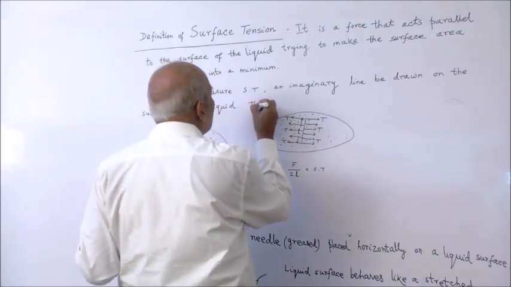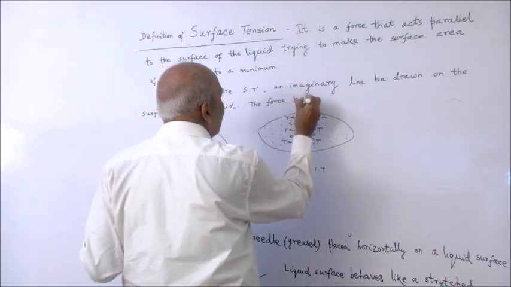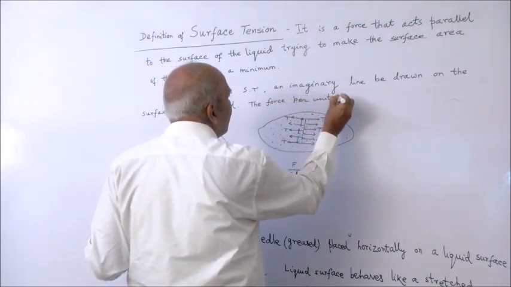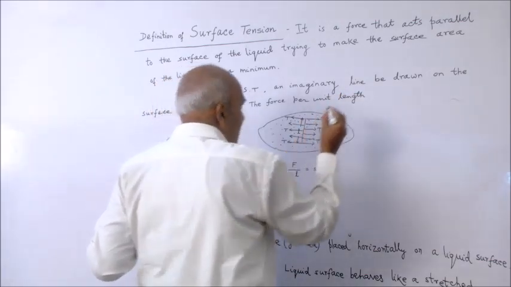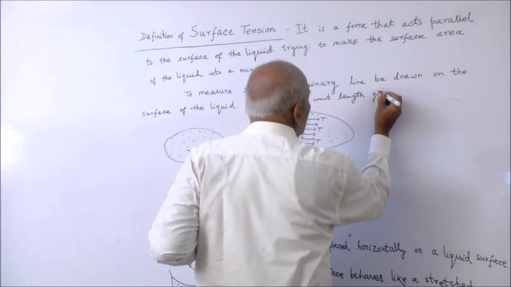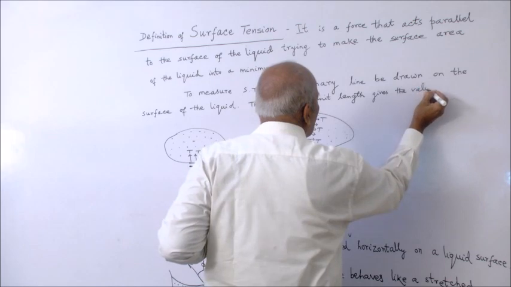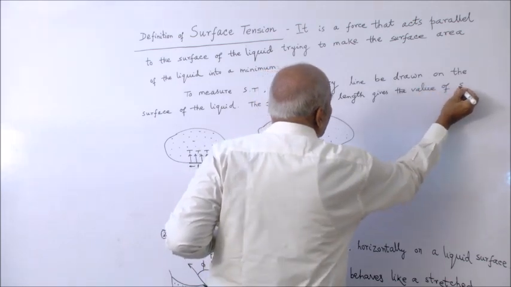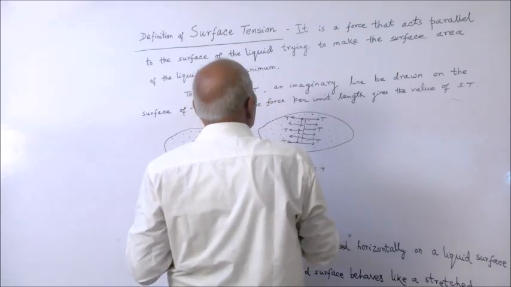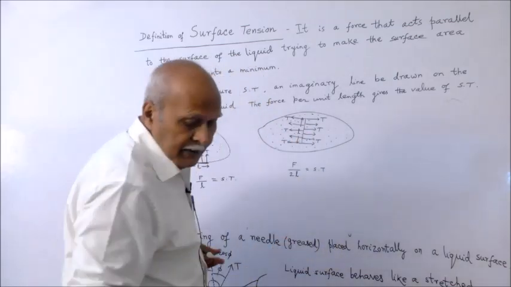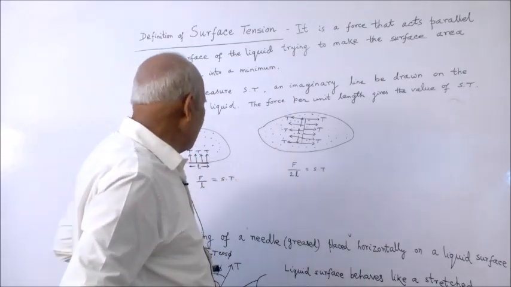The force per unit length gives the value of surface tension. So, surface tension, you may call it S or T, is F by 2L here and F by L here.